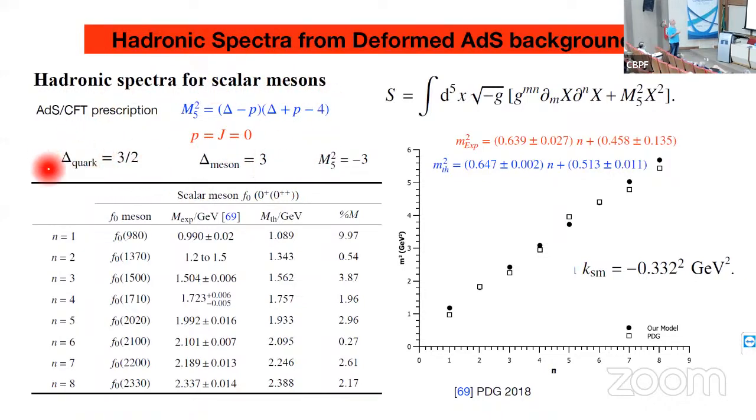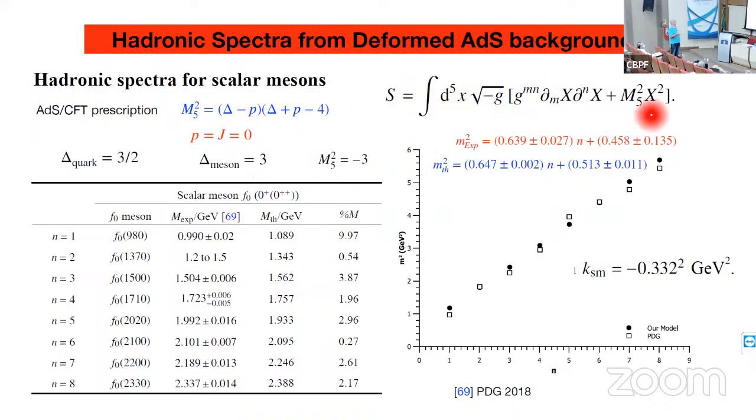The canonical dimension of quarks is 3/2, so a meson is just the double of this, and has dimension 3. If you put this in the formula, you find that the mass squared in 5 dimensions is -3. This is allowed because when you quantize fields in AdS, you have the possibility of tachyonic fields up to a certain bound, and this bound is not violated by this condition.